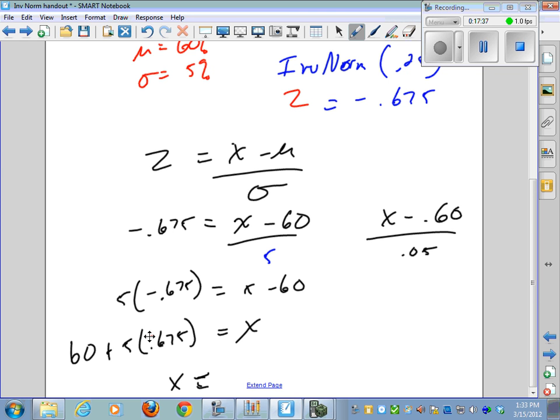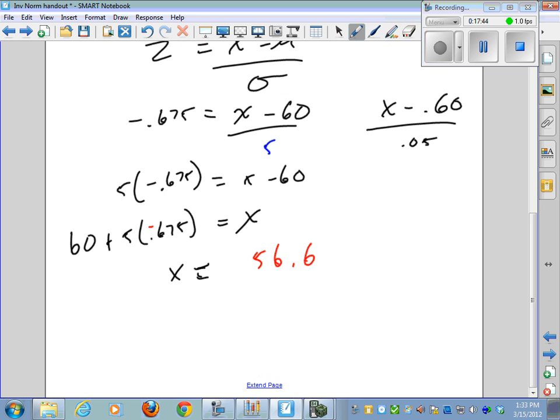And that tells me that the lowest possible passing mark is 56.6. Wouldn't it change if you use 0.6? It would give you 0.566.